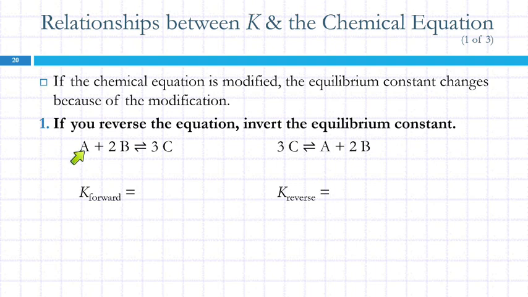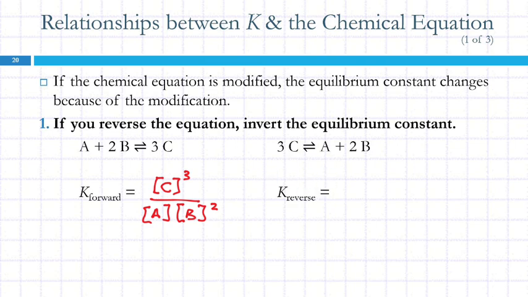So here we have A plus 2B in equilibrium with C. So we could write the expression for the forward equilibrium constant. C over, let's do A first, A times B squared. Easy enough.